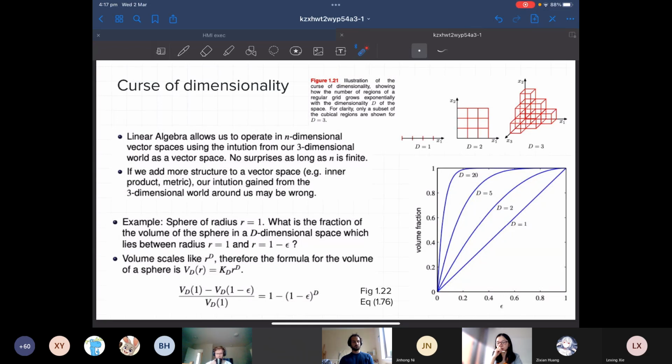Suffice to say that, right? For those of you who have taken databases or other CS courses, the curse of dimensionality in discrete space is probably not a strange concept. Basically, if in 1 dimension I partition my continuous space into 3 buckets, in 2 dimensions I have 3 squared. In d dimensions, I have 3 to the power of d. So there is an exponential blow up here.